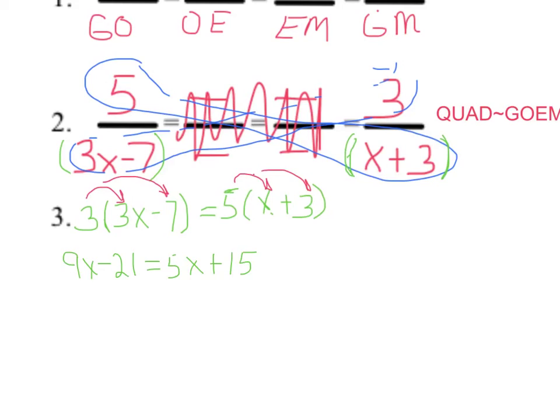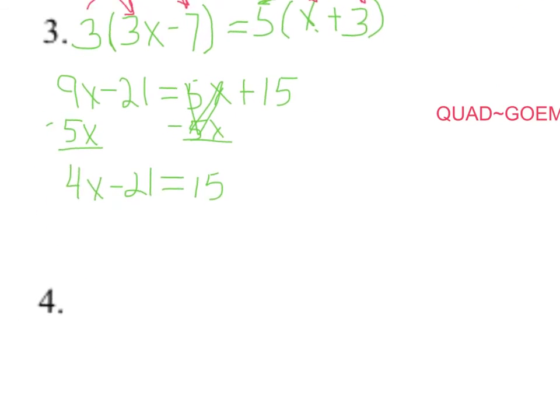We will then subtract our 5x from both sides, keeping it with like terms. Cancels out over here. Over here we end up with 4x minus 21 equals 15. Move this up a little, have a little more room.